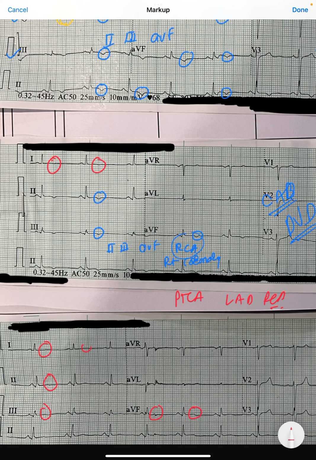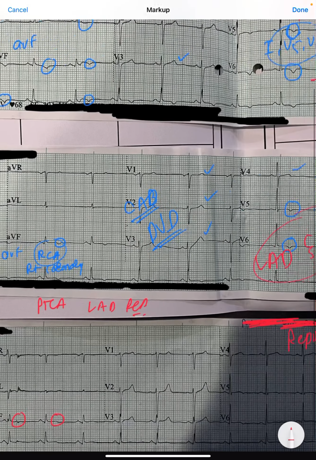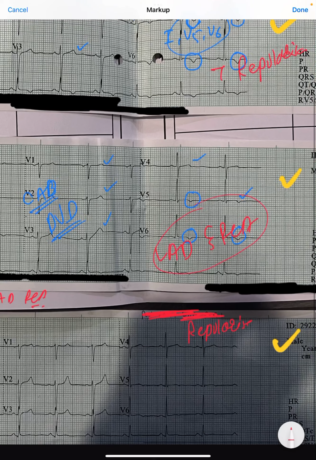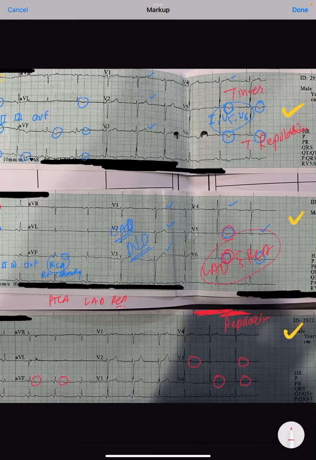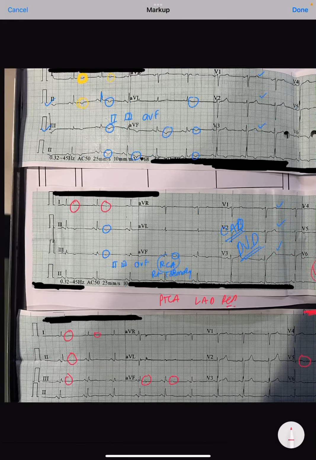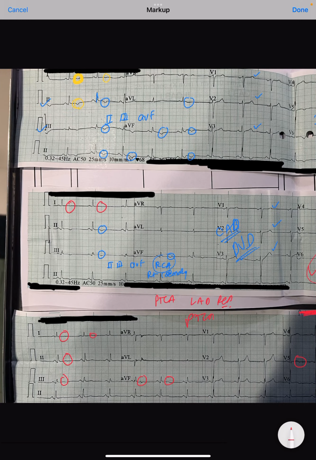It is not at all there. And the T inversion which was there in lead V6 is markedly reduced. We can compare lead V6, lead V5. The T inversion in V5 and V6 was reduced, and the T inversion completely went away after PTCA to LAD and RCA.